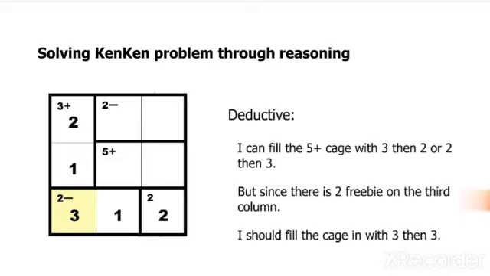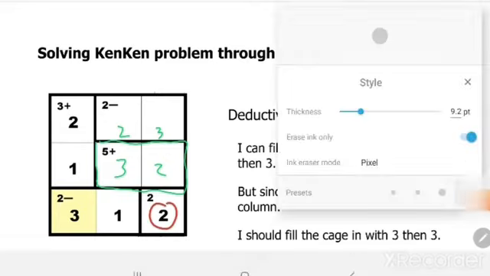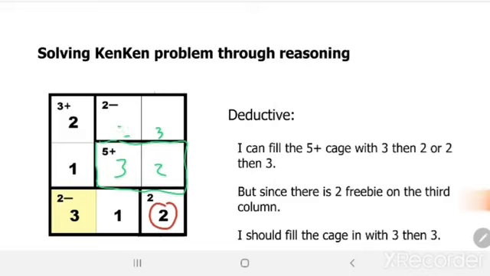So, for example, if we're talking about the plus cage here, right here in the middle, so sabi mo, oh, pwede ko siyang lagyan ng 3 and 2, pero pwede ding 2 at saka 3, di ba? But since that's a general idea, but since there's a freebie na 2 here, therefore, your specific conclusion is, ay, dapat 2 and 3 ang gawin kong combination.